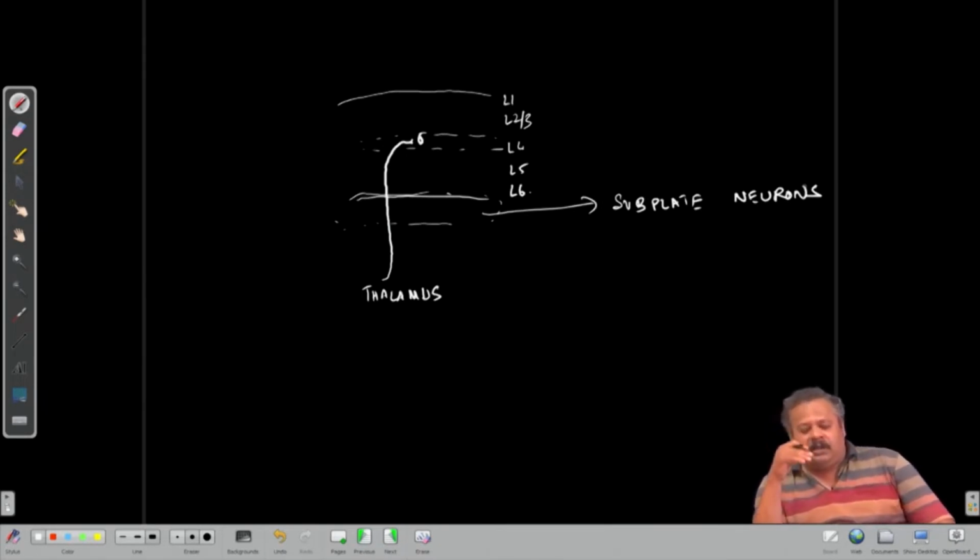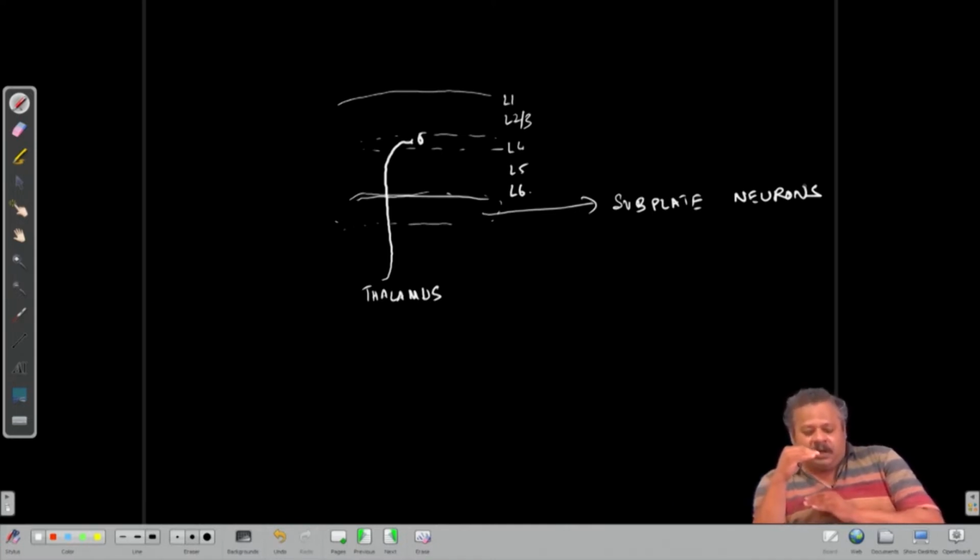So, the layer 1 to 6 is not there at that time. The cortical plate comes out from there later on, but what is present first is only the subplate layer of neurons.